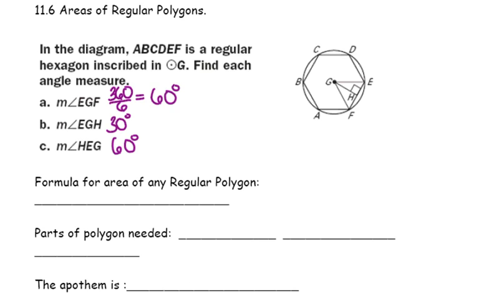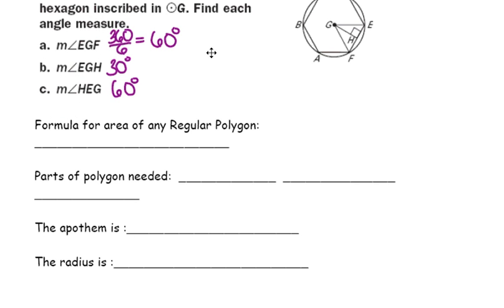All right, let's talk about what happens when we have a regular polygon. Well, first of all, you'll remember that the formula for the area of a regular polygon is 1/2 AP.